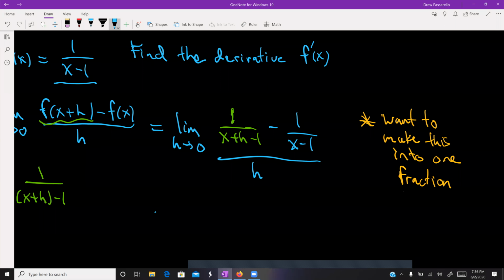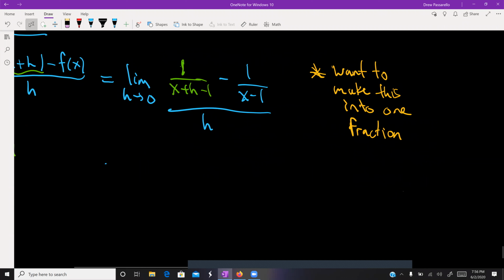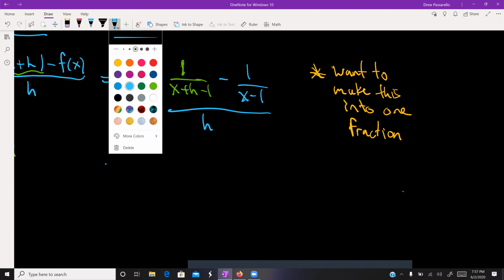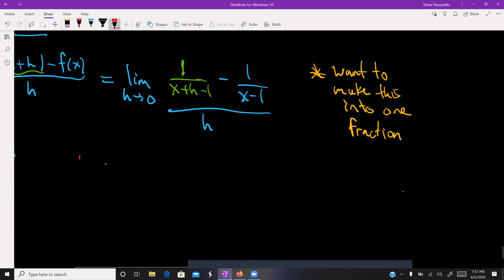To make this one fraction, I need to have a common denominator. The least common denominator is the combination of the two denominators, and that's going to be x minus 1 times x plus h minus 1. That's what the LCD is.